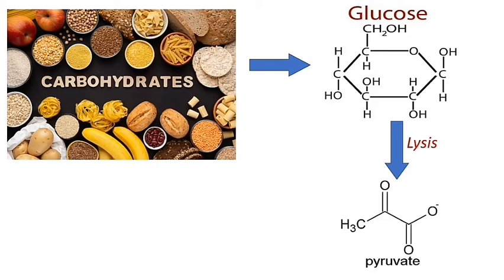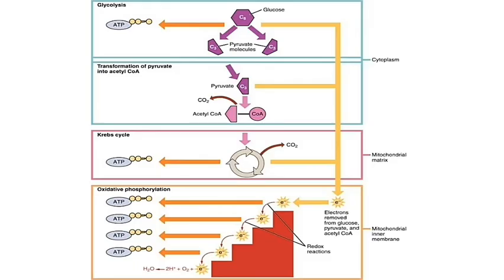At first the glucose molecule is broken down into pyruvate, and from one glucose molecule two pyruvate molecules are generated. Glucose is a 6 carbon compound, which is broken down into a 3 carbon compound, that is pyruvate.